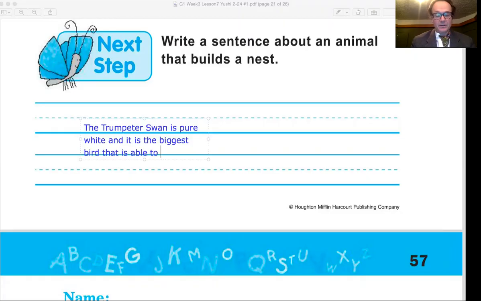This is a long sentence, but they do build nests. Let me see if I can stretch this out a little bit here.